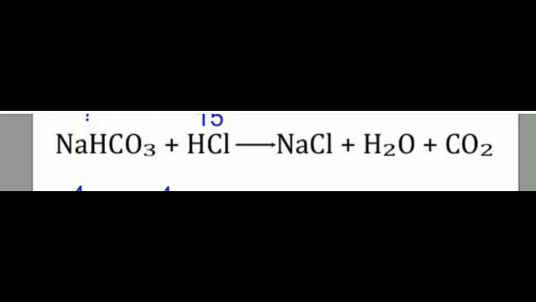So when we take an antacid in which sodium bicarbonate is present, it reacts with the HCl which is produced in our stomach and neutralizes the HCl to produce NaCl plus water plus carbon dioxide.